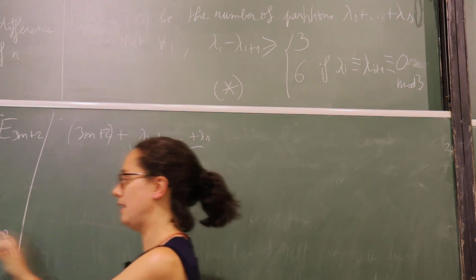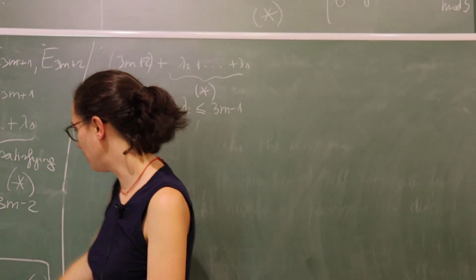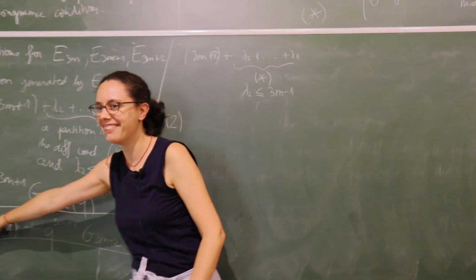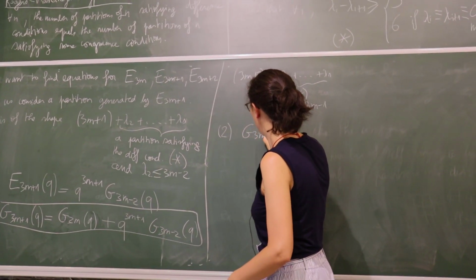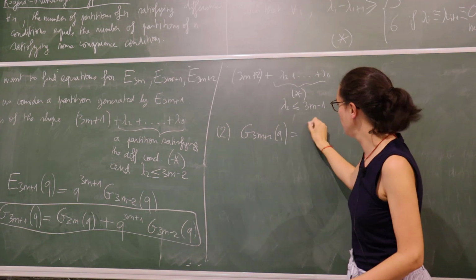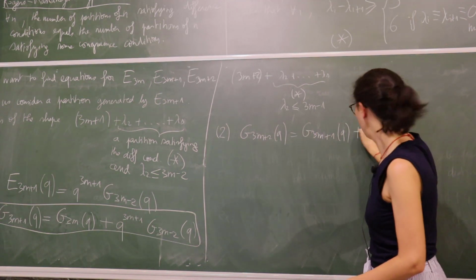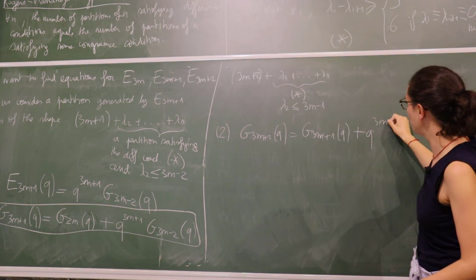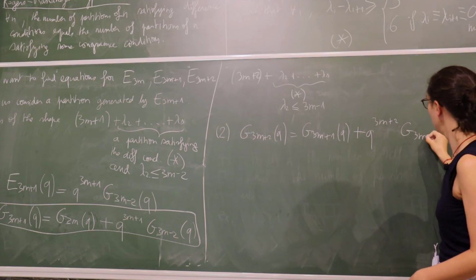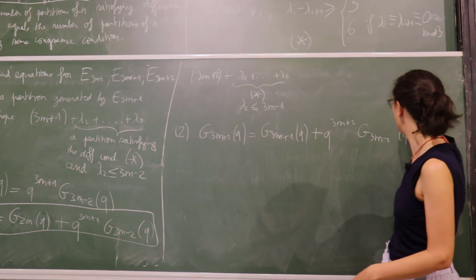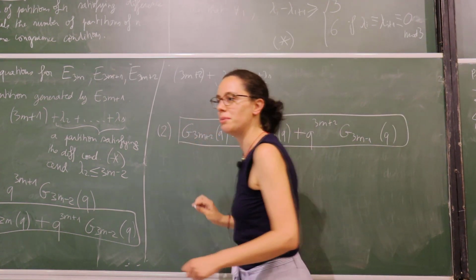And by doing exactly the same thing, you can get a second equation, which I'm skipping all the steps, I write directly in this shape. We have that G_{3m+2}(q) is equal to G_{3m+1}(q) plus q^{3m+2} this time, because we extract this part, and here we have G_{3m-1}(q). So this is the second equation that will be important for us.